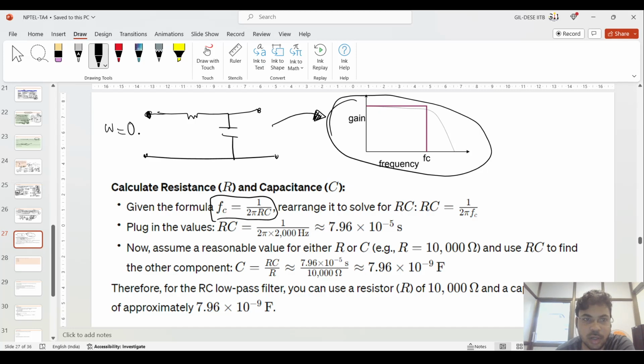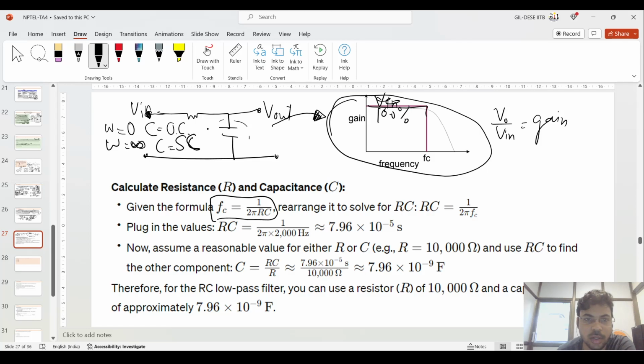How do you derive this? Let's take omega equal to 0. At omega equal to 0, this capacitor is open circuited. Then whatever signal you apply at the input terminal, you will get at the output without filtering by this capacitor. So the gain is the same as V input. V output by V input, the gain, is 100%.